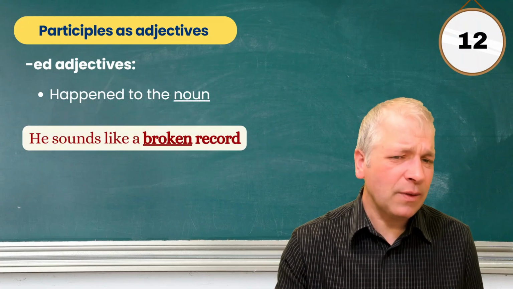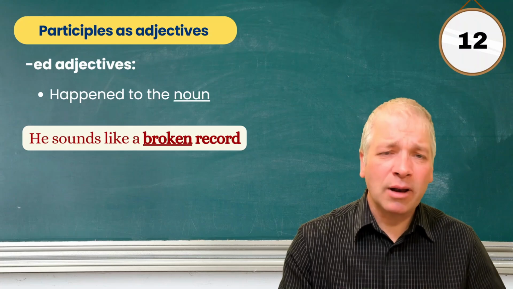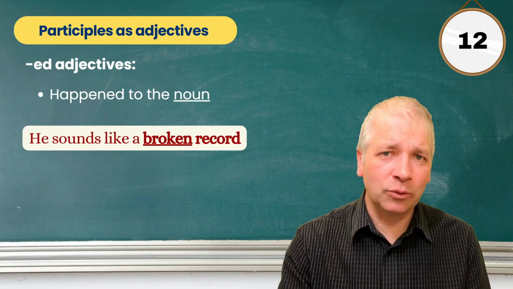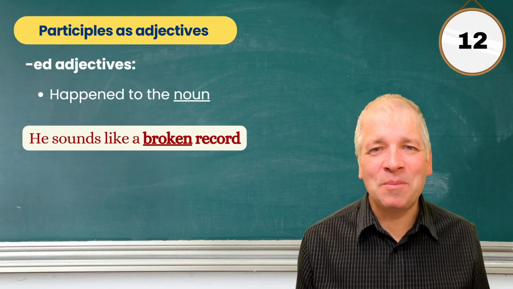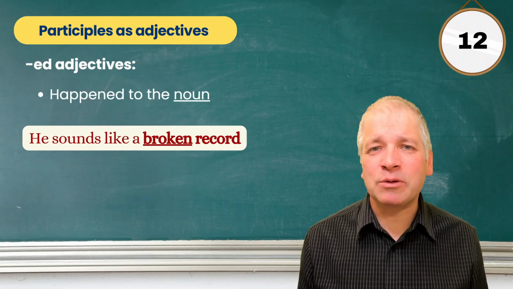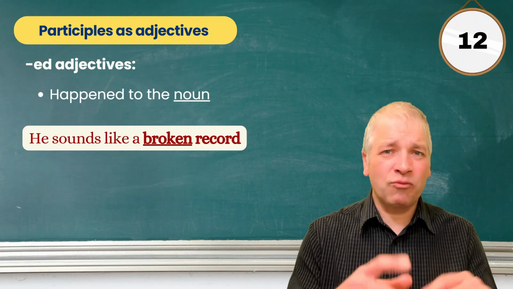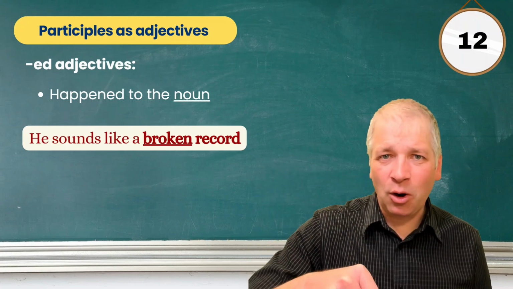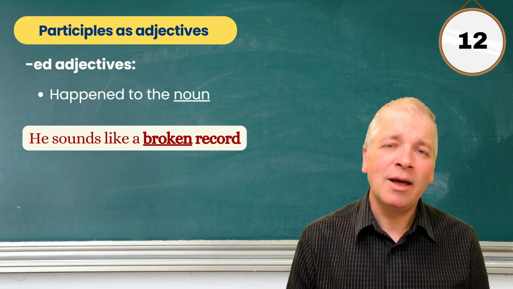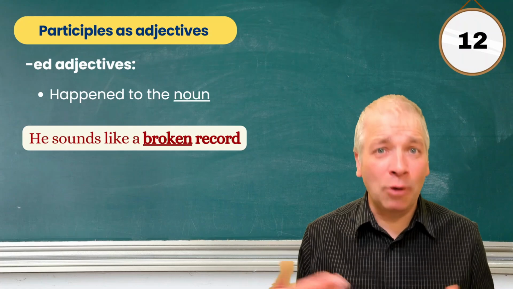It could also be something that happened to the noun. He sounds like a broken record. So records, this is a phrase that comes from many decades ago when people used to listen to what was called records or LPs. You'd have that round disc, you put something on it and that would play music. If you scratched it, it got broken.